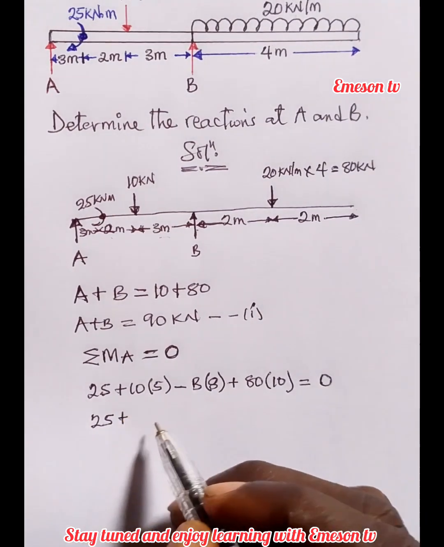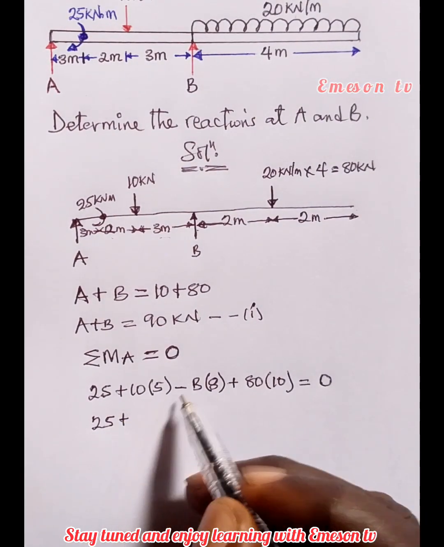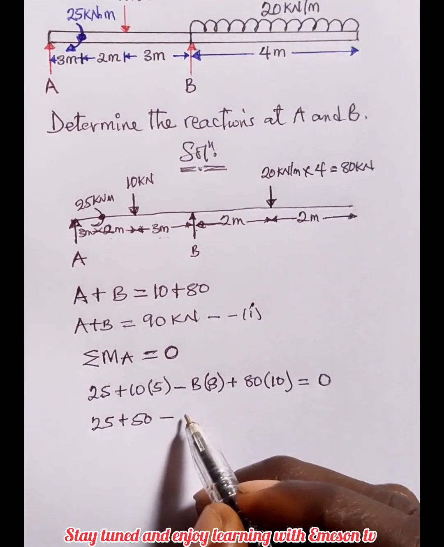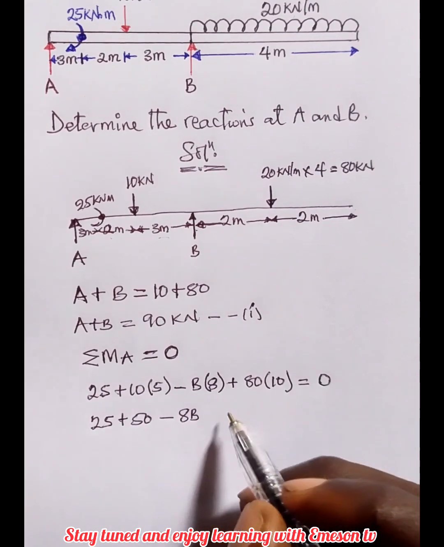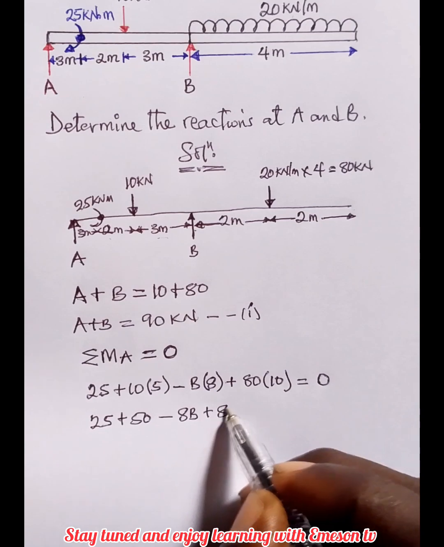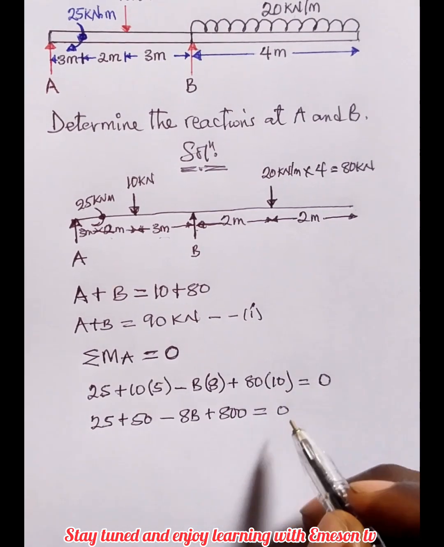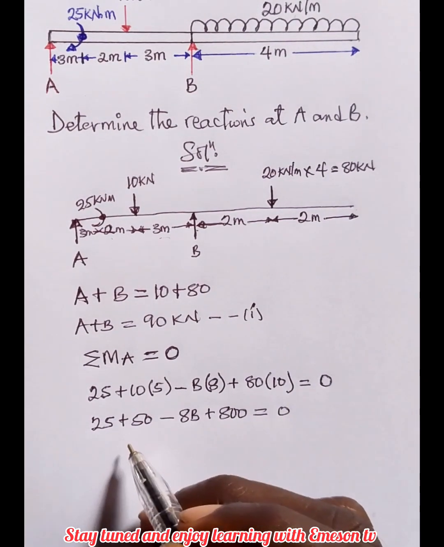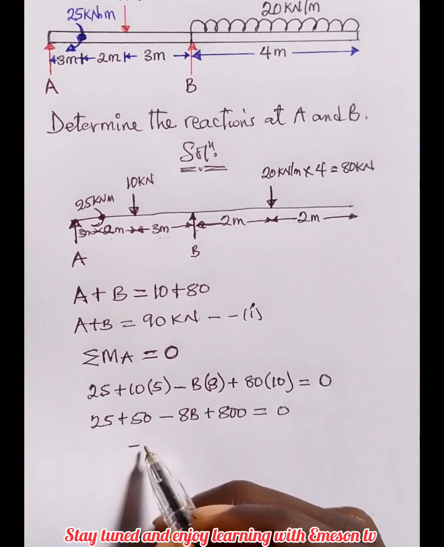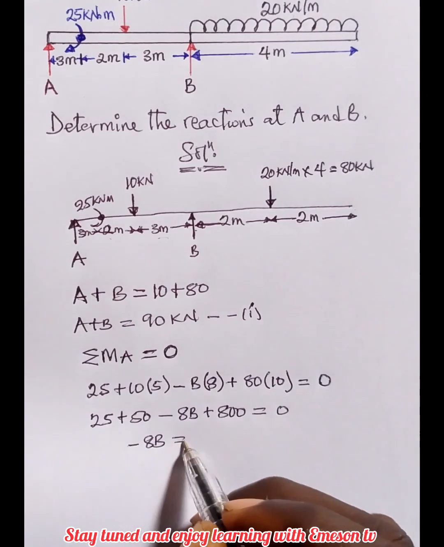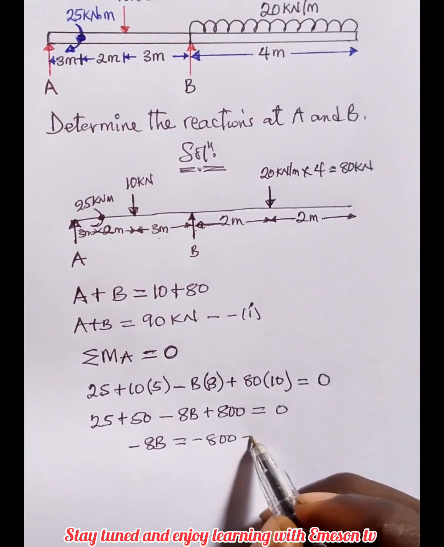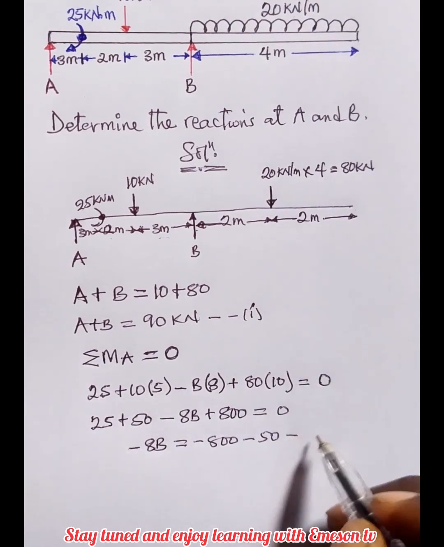So having done this, we have 25 plus 10 times 5 is 50, minus 8B, plus 80 times 10 is 800, all equals 0. Here we are solving for B, so minus 8B is equal to minus 800 minus 50 minus 25.